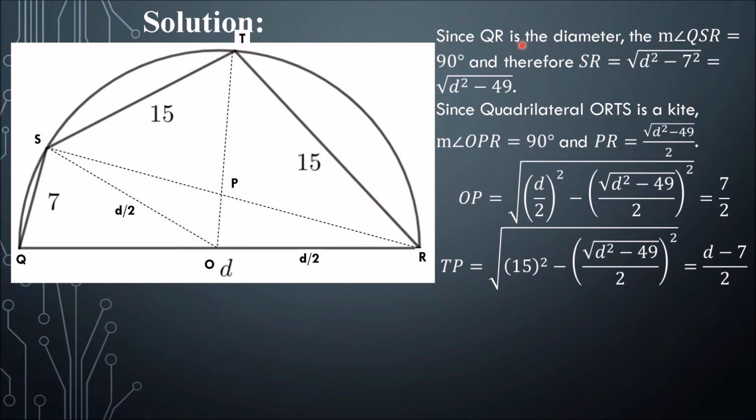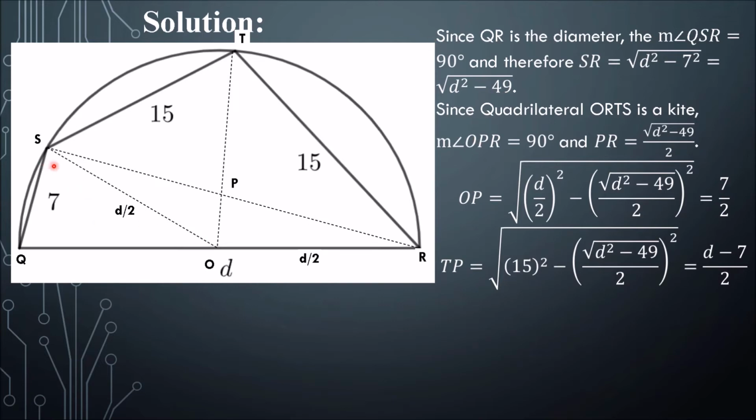Now, since QR is the diameter, the measure of angle QSR is 90 degrees. And therefore SR, this one, is equal to the square root of D squared minus 7 squared, which is equal to the square root of D squared minus 49, using the Pythagorean theorem.